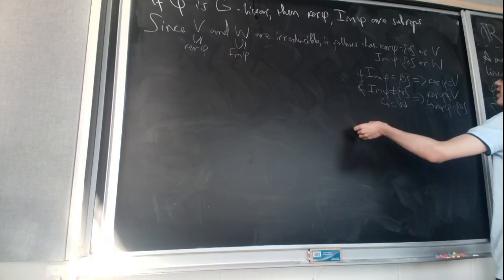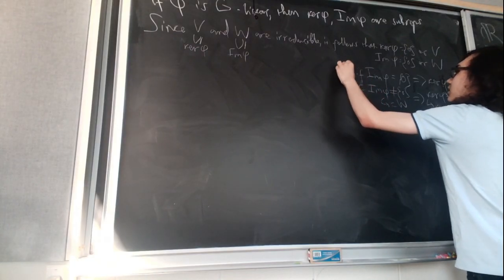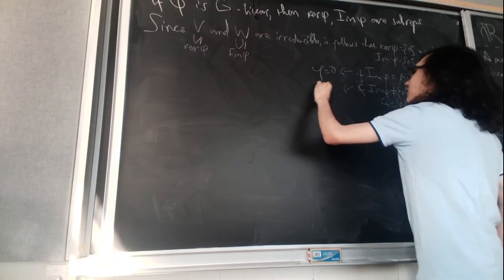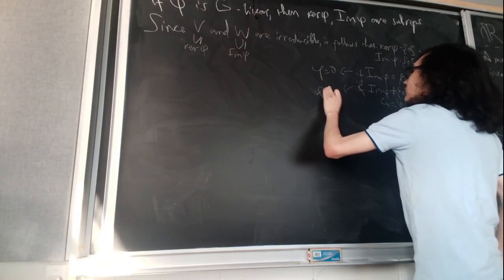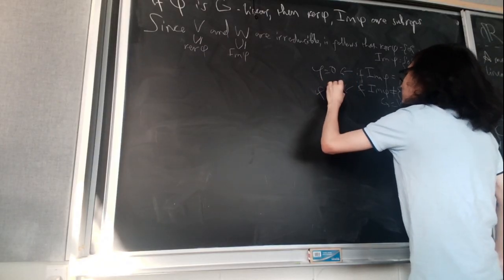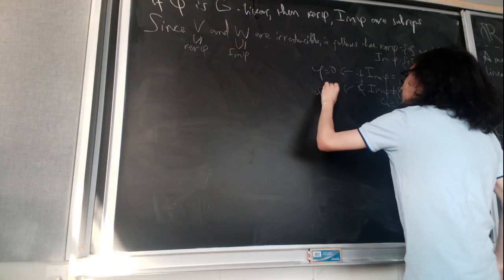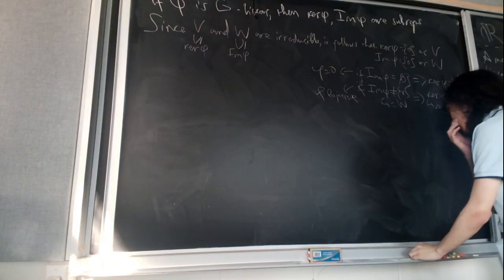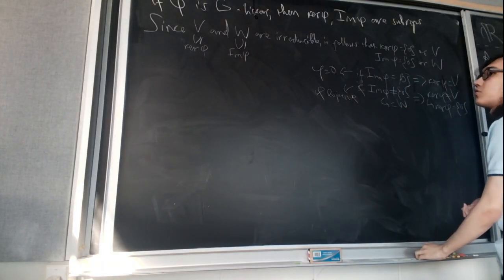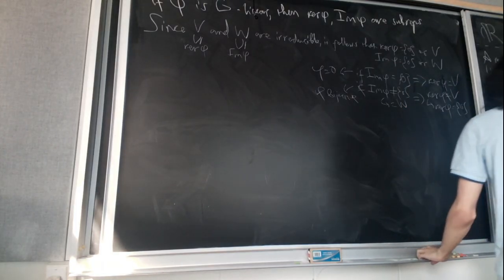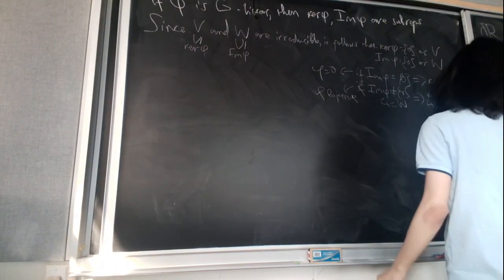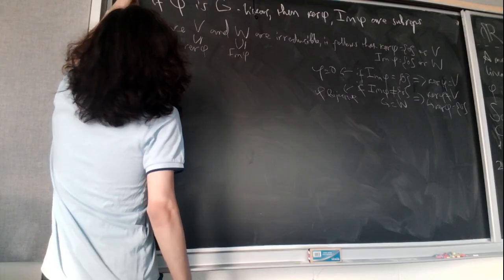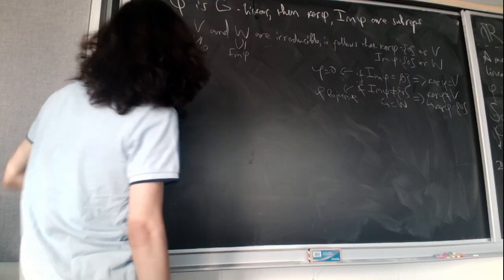So in the first case, phi is the 0 transformation, and in the second case, phi is an isomorphism. Those are the two cases. And so there we have it: phi is either an isomorphism or it's the 0 linear transformation. So that's 1.